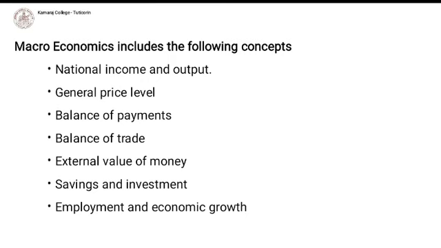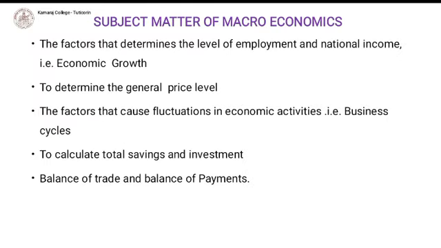So next, subject matter of macroeconomics. The study of macroeconomics is crucial to understand the working of an economy. The subject matter of macroeconomics is described as below. The first one, macroeconomics helps in national income analysis and it provides various methods to calculate national income. And the next one, it helps to determine the general price level.